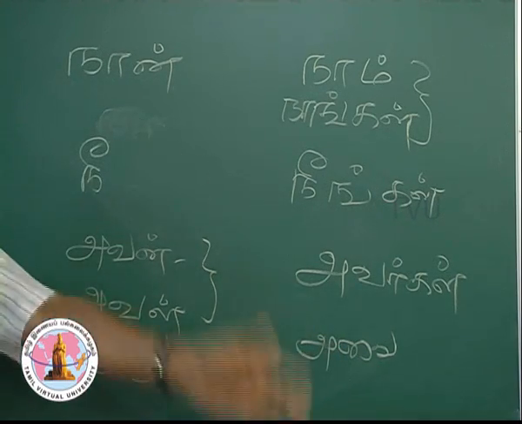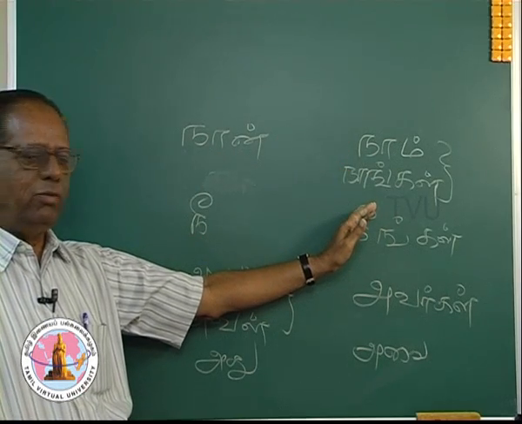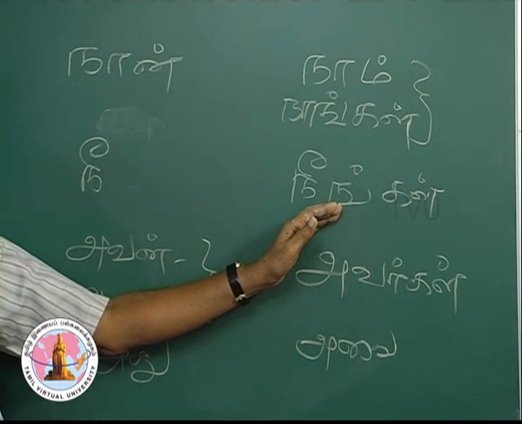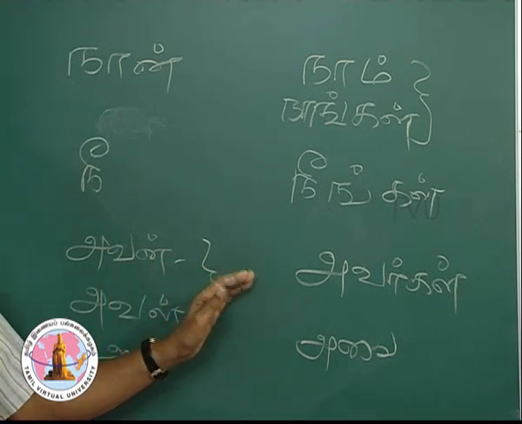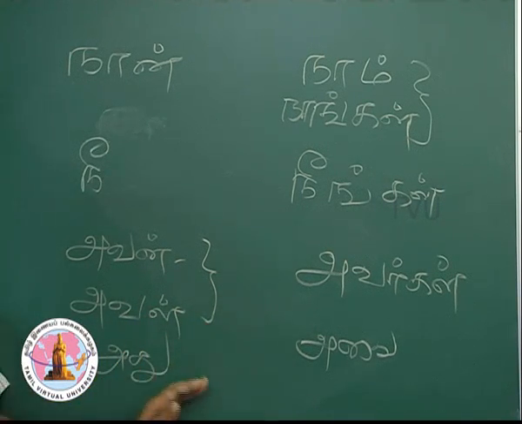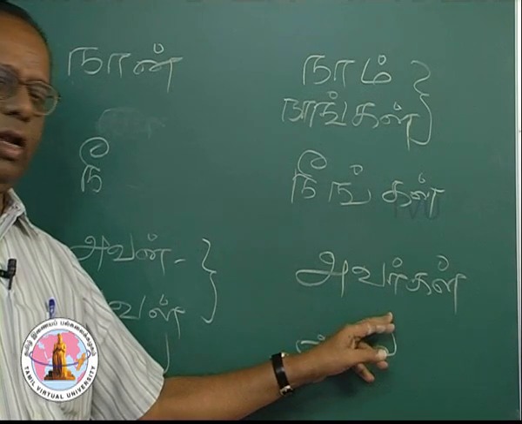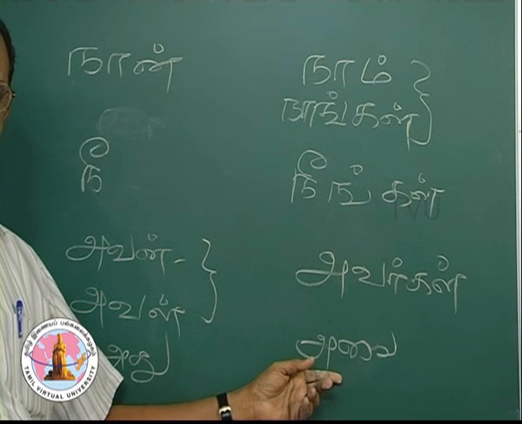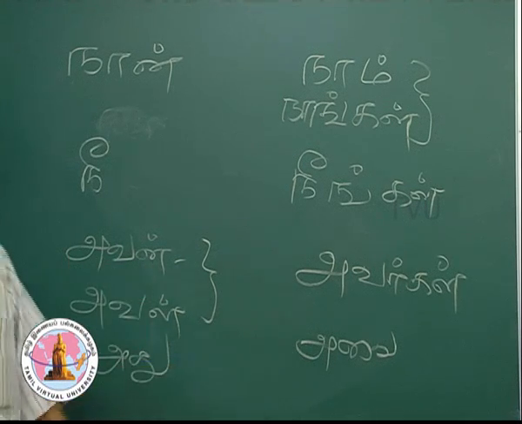Let us be clear about this. Naan, first person singular. நாம் and நாங்கள், first person plural. நீ, second person singular. நீங்கள், second person plural. அவன், third person singular masculine. அவள், third person singular feminine. அது, third person singular neutral gender. அவர்கள், third person plural for human beings, அவன் and அவள். அவை, plural third person for adu, the neuter gender.